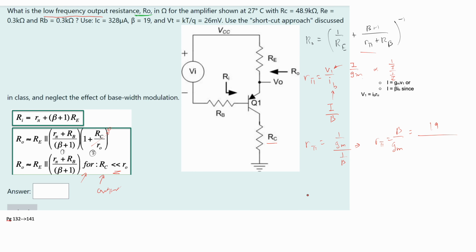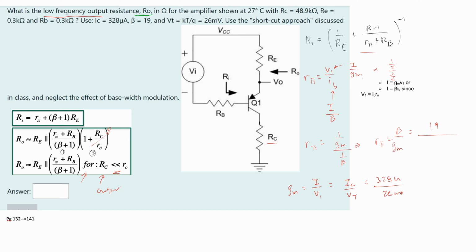We don't know our GM, so we need to now find our GM. Well, GM is equal to I over V1, and we can rewrite this as IC over VT. So this is going to give us 328 microamps over 26 millivolts.